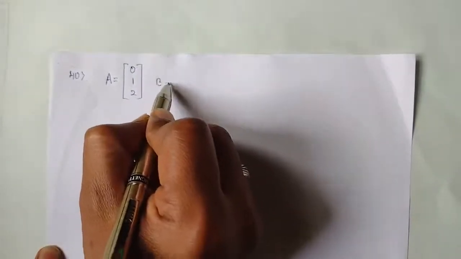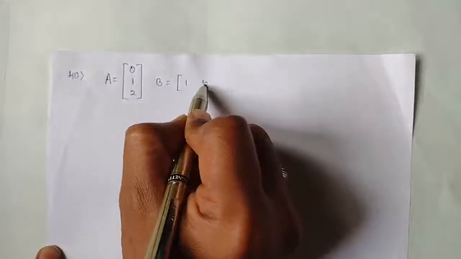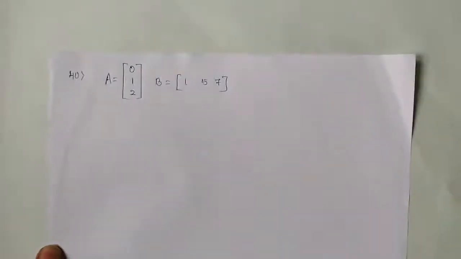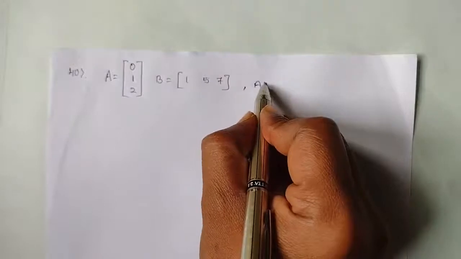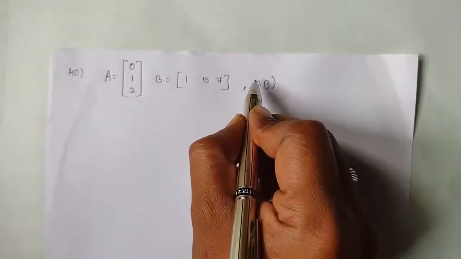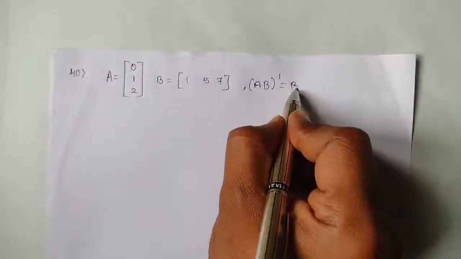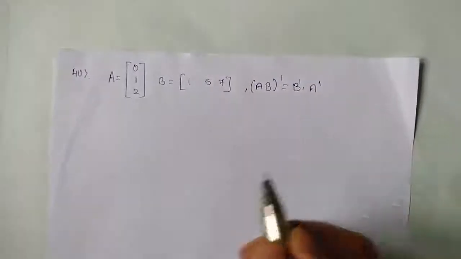If A is equal to [0, 1, 2] and B is equal to [1, 5, 7], verify that AB whole dash is equal to B dash and A dash. The given matrix A is 0, 1, 2 and B is 1, 5, 7.